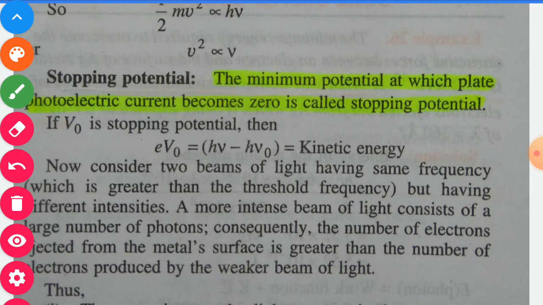So if V zero is the stopping potential, then we may write e V zero is equal to h nu minus h nu zero, and it is equal to kinetic energy.